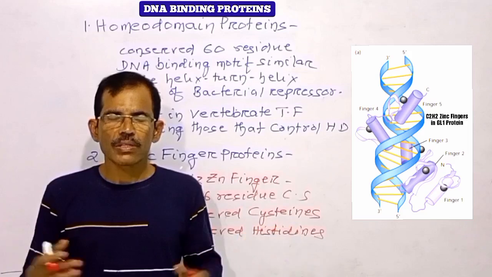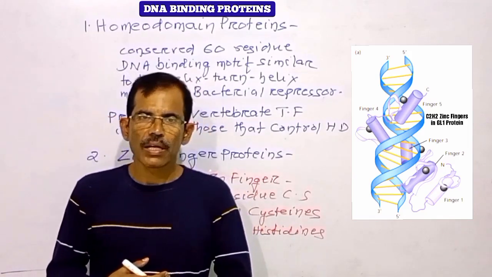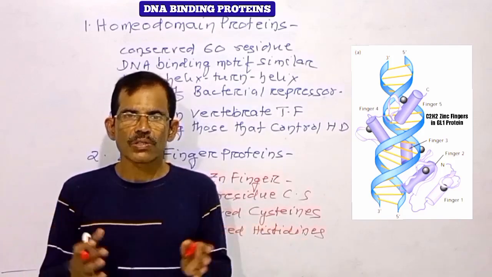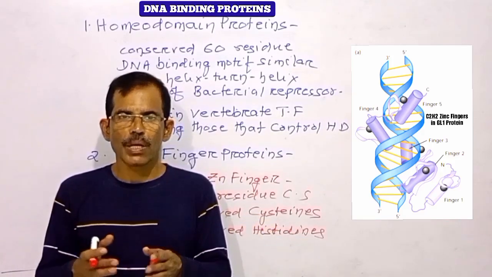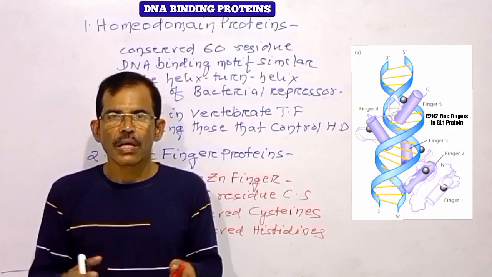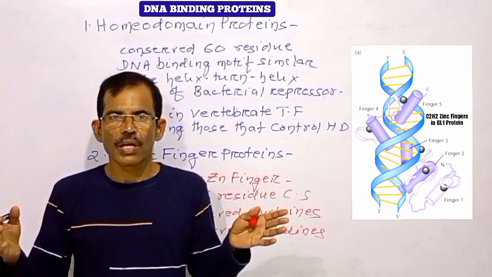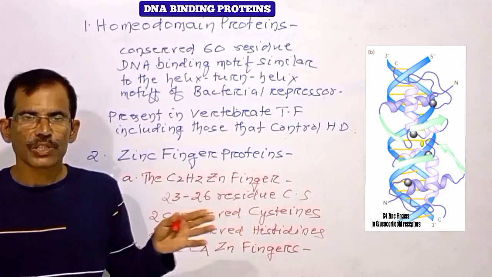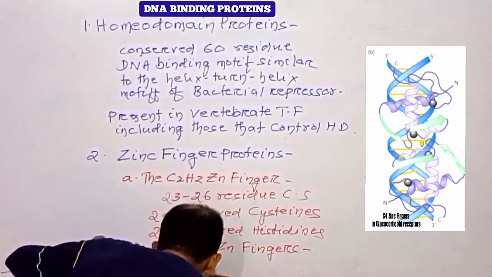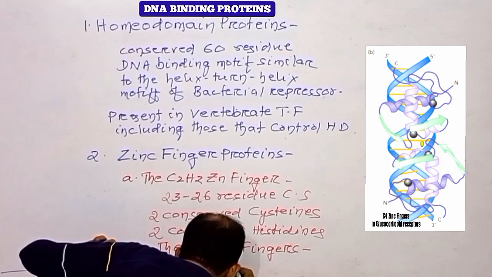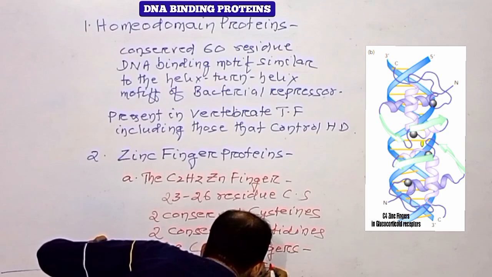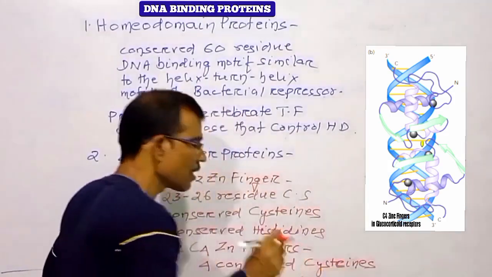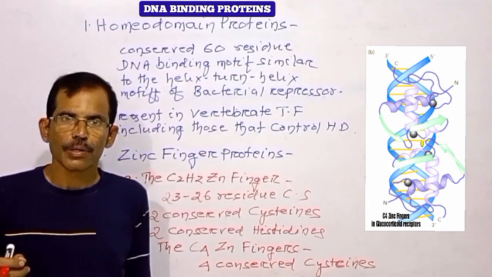Many eukaryotic transcription factors contain multiple zinc fingers that interact with successive base pairs within the major groove of DNA around which the protein is wrapped. Second type of zinc finger is the C4 zinc finger, which contains four conserved cysteine residues that are in contact with a zinc ion.